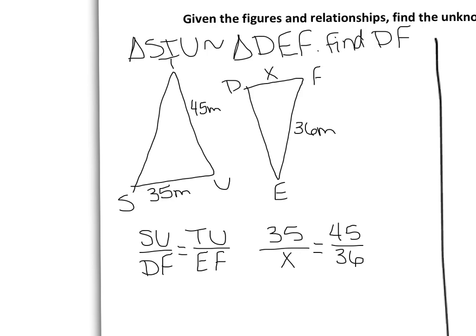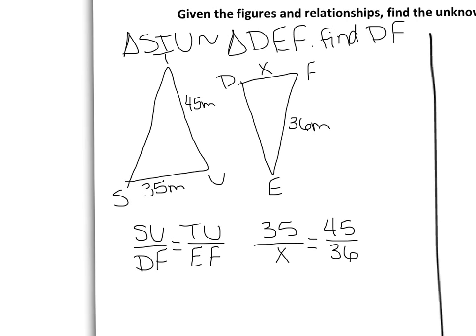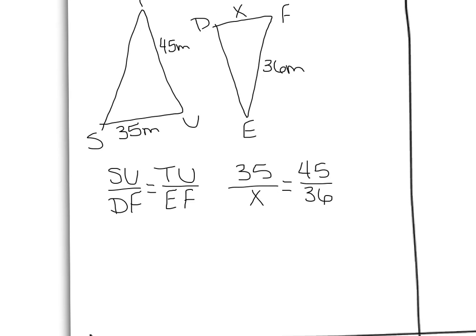Okay, so we could go right ahead and cross multiply and take 36 times 35 and X times 45. But I don't know about you, I'm not really ready to take 36 times 35. Let's see if we can make our life easier. Remember, we can reduce any of our fractions. I see that 45 and 36, I can divide out a 9 from both of those numbers.